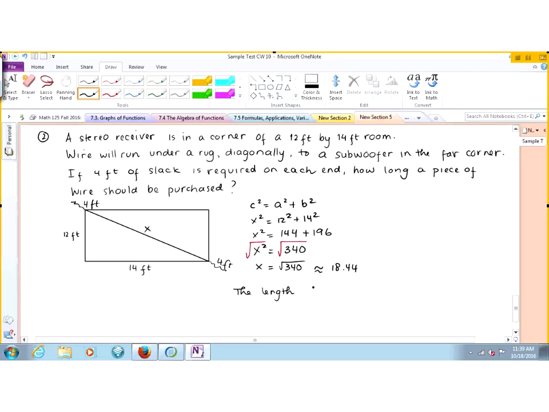All right. So the length of wire is square root of 340. And then I have to add the slacks here, 4 feet here and 4 feet there. So plus 8 feet, which is approximately 26.44 feet.